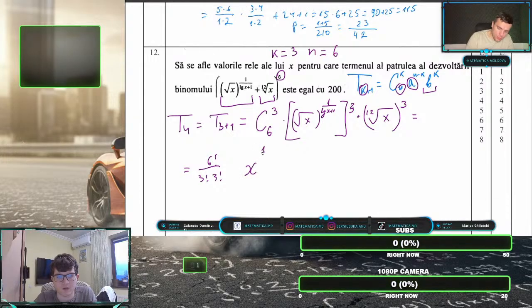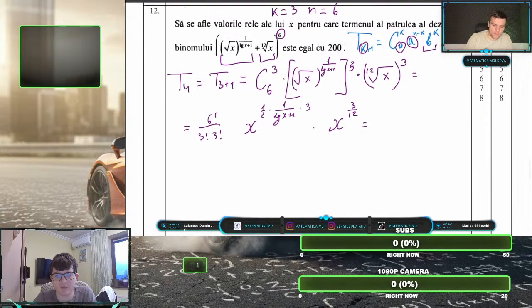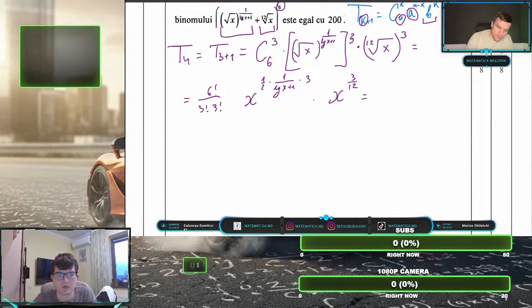Okay, so now it does that. 1 divided by 2, the square root of x, that's just 1 divided by 2 power. Times 3 right there, times 3 divided by 12. Now that right there, it's 4, 5, 6, and there 2, 3. Division, division.